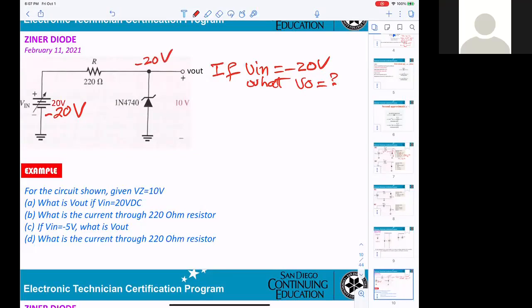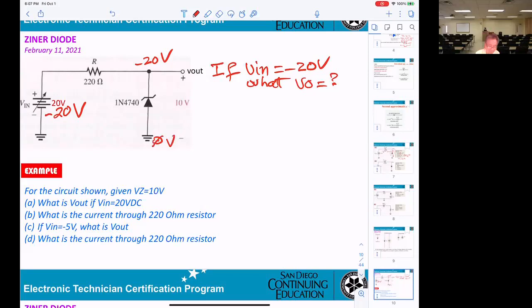Right? You get 0 volt here, correct? The diode is not in breakdown at all. Working like normal. So they are normally working. You substitute positive, negative.